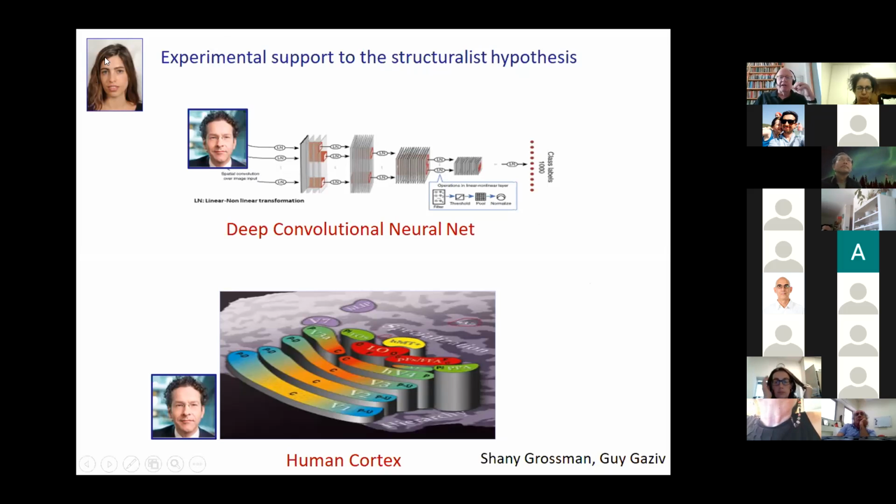One experiment, again conducted by Shani Grossman, had the following logic. We know that recently there is huge excitement about the development of artificial neural networks generated in computers that were inspired by the hierarchical organization of the human visual system. I hope I don't need to get into many details about what deep convolutional neural networks are.